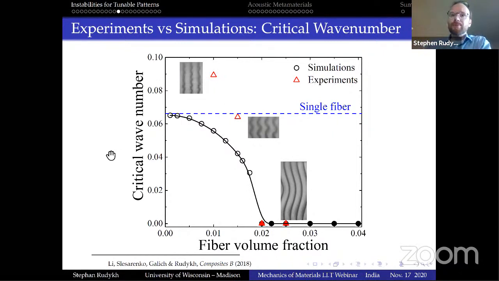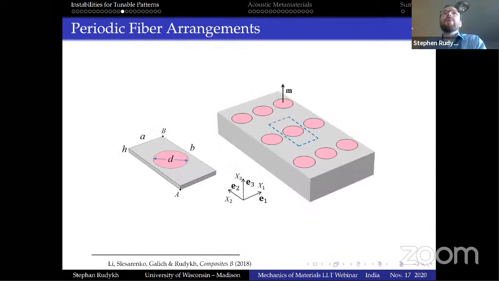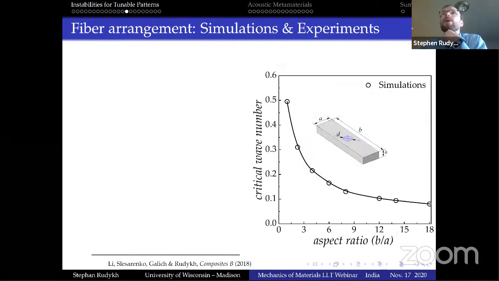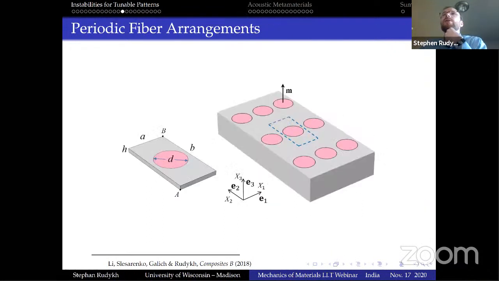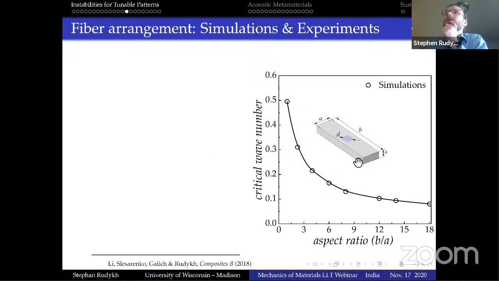theoretical predictions. And then we looked into more detail at how we can use different arrangements, for example, print these composites to actually control how these fibers collectively behave and how and where they will buckle. Here the control parameter in the initial microstructure is the aspect ratio, basically how close we put these fibers in one direction relative to the other direction.